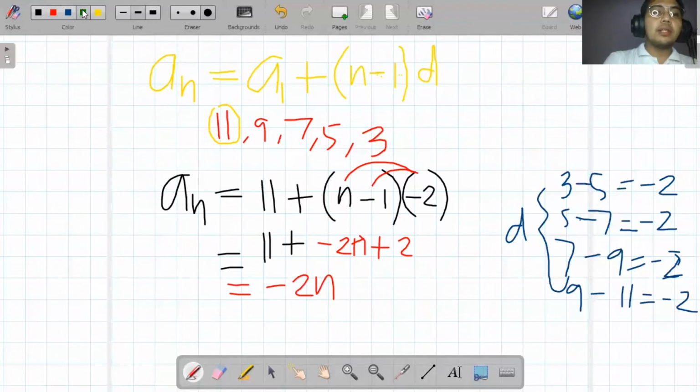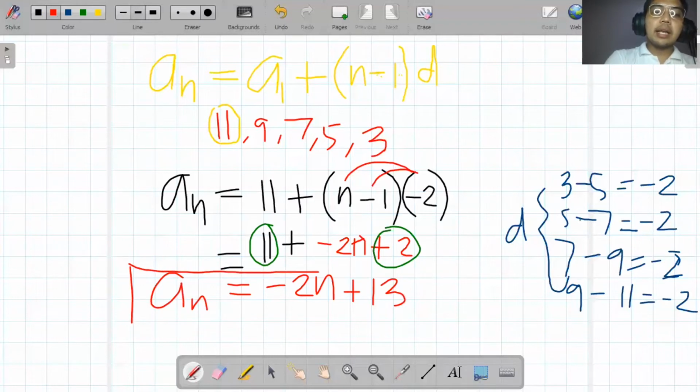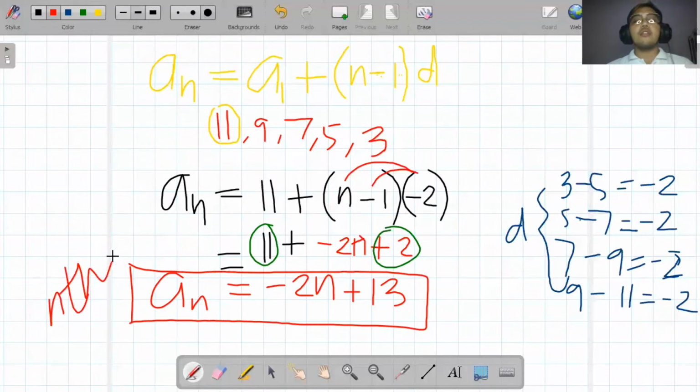And then what happens is, the 11 and the 2 are both constants, so they can be added. 11 plus 2 would be equal to 13. So, therefore, this would be your nth term. You have already prepared the nth term, in case we are asked to find, for example, a sub 30, a sub 99, a sub 100. So that is what you will use, just substitute directly since we already found the nth term. Or you can also write the positive first: 13 plus negative 2n.